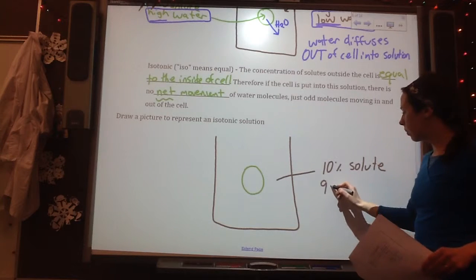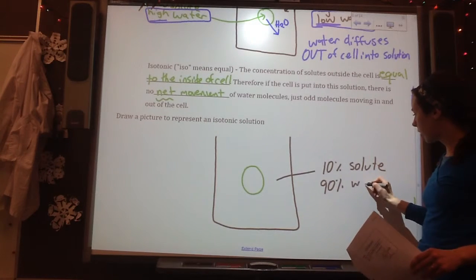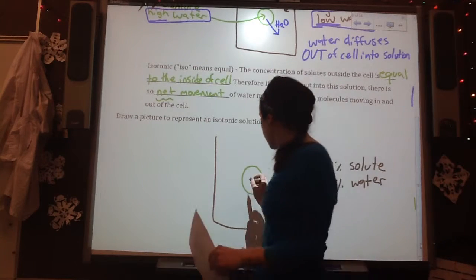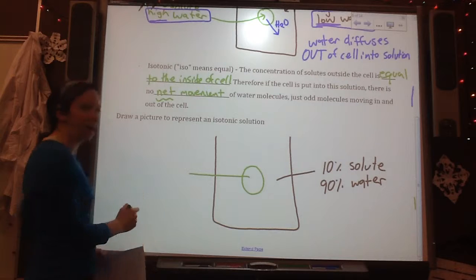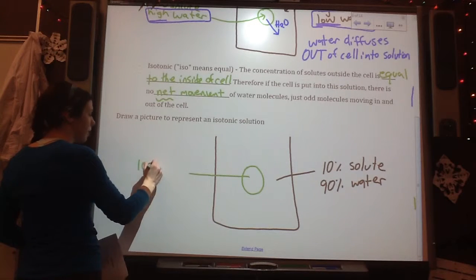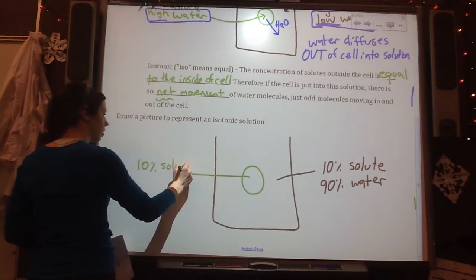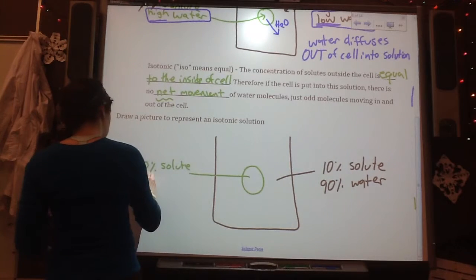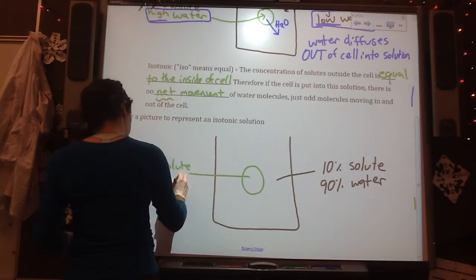That must mean we have 90% water. If this is isotonic, we'd have the exact same thing in our cell: 10% solute and 90% water.